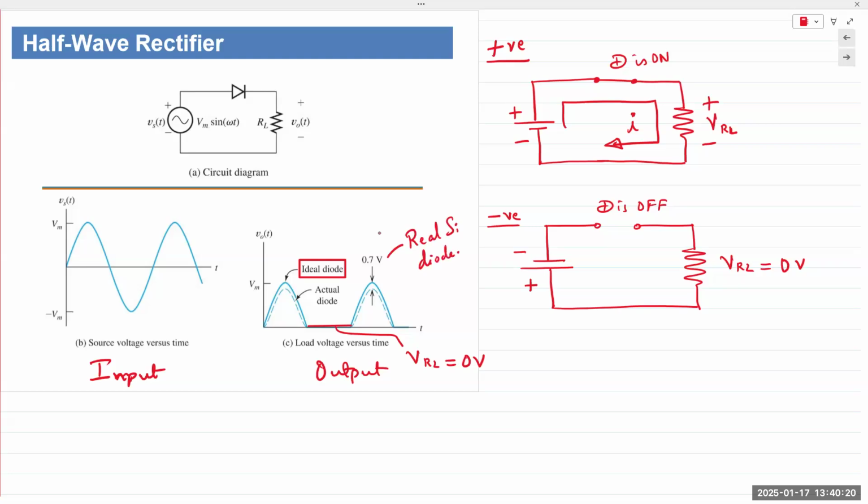That is indicated there, 0.7 volts. Now, one full cycle is a positive half cycle followed by a negative half cycle. And since this rectifier circuit only rectifies one half cycle, it is known as a half wave rectifier.